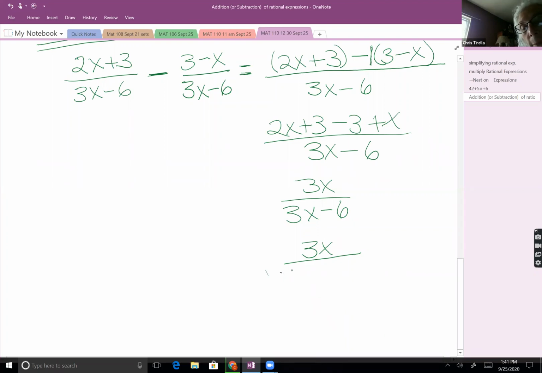Everybody write that denominator. There's a common factor of 3. When I divide it out, I've got x minus 2. Now I can divide out the 3. So my final answer is x over x minus 2. And so you see, you have to be super careful if you're subtracting. You really, really, really have to watch those signs.